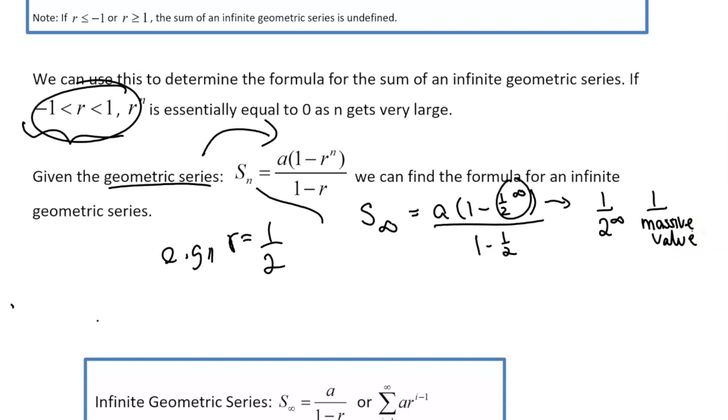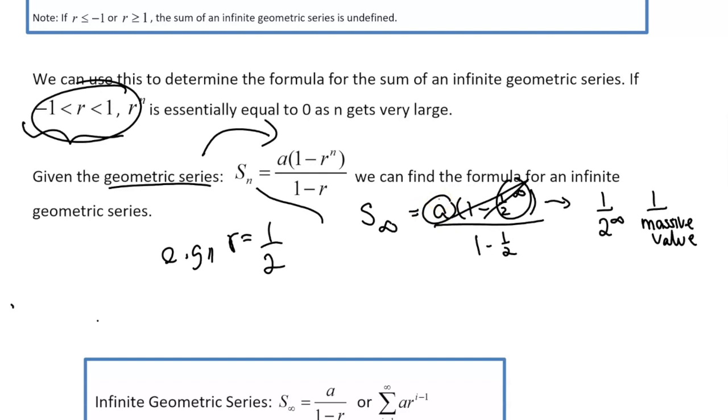And having 1 over some sort of massive value is essentially the same as saying 0. So that means this value is basically all for nothing. It goes away. And you'd be left with 1 minus 0, which is 1, and you'd be left just with the value A in the numerator of this formula.